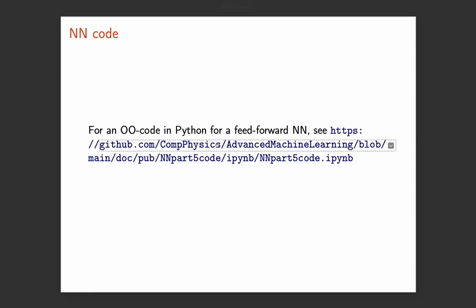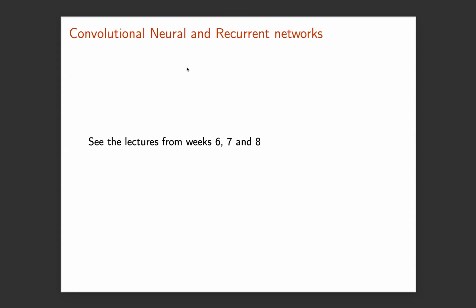There is a set of Python codes here, which you can look up, and which you have most likely seen many, many times. This is also material which is covered in the precursor to this course. One thing I'm going to skip a little bit, because we also had that in the course on physics SDK 4155, where we discussed partly convolutional networks, but you will find examples of codes there as well.